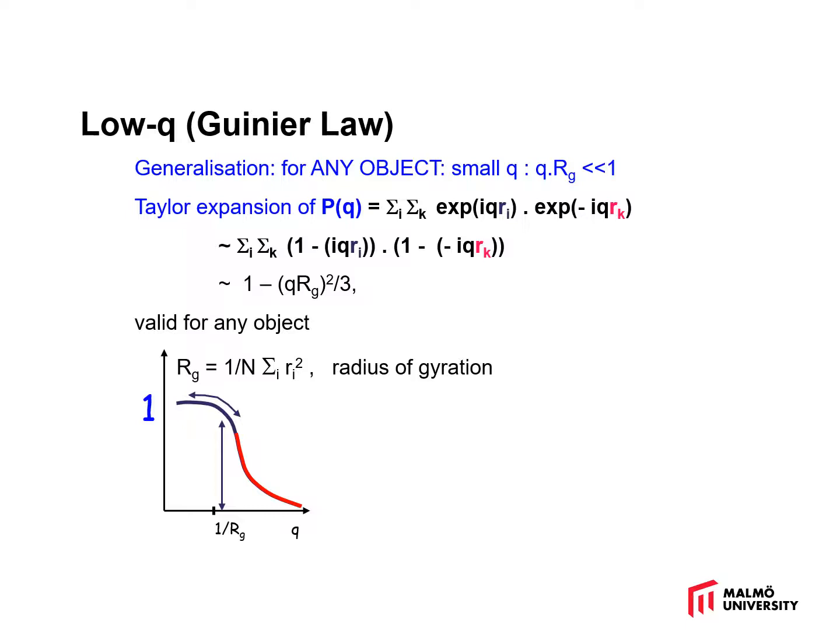If the scattering vector is too large for the Guinier approximation to be applicable, you don't see this turnover in intensity. And it's usually a very good indicator of whether you have some aggregation or polydispersity of size of the objects. So that turnover is a measure of the average size of the object.